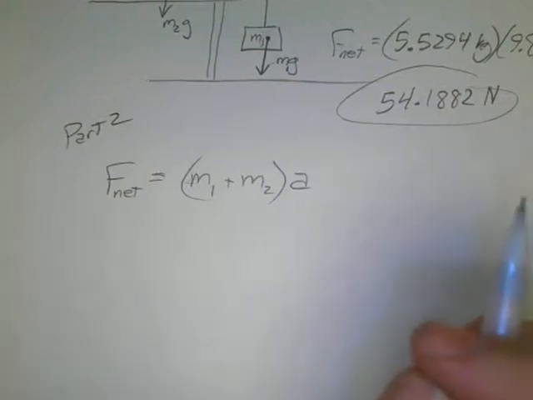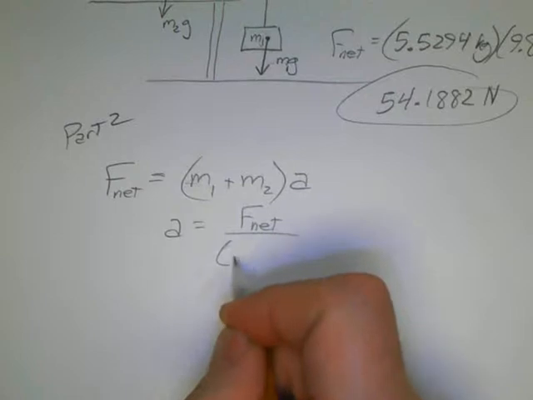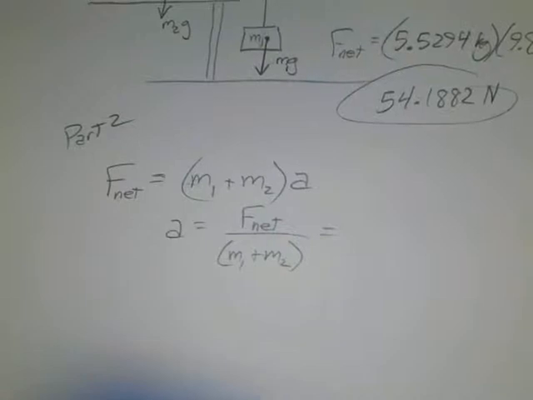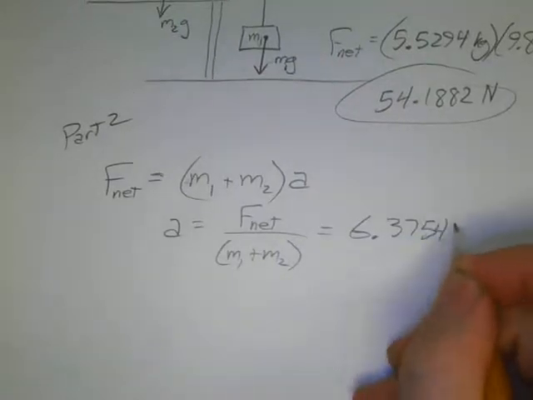So acceleration is equal to the net external force divided by the sum of the masses. And I get an acceleration of 6.3754 meters per second squared for part 2.